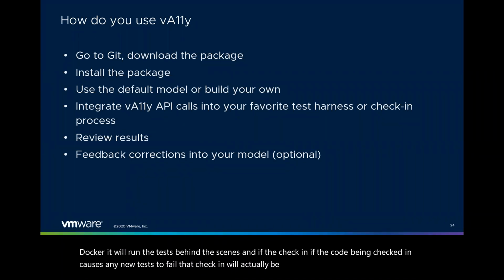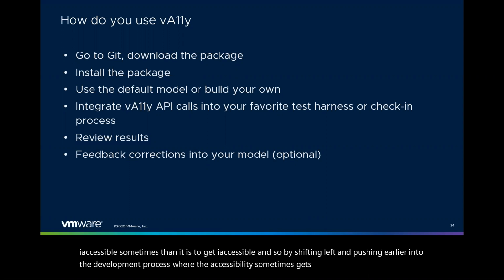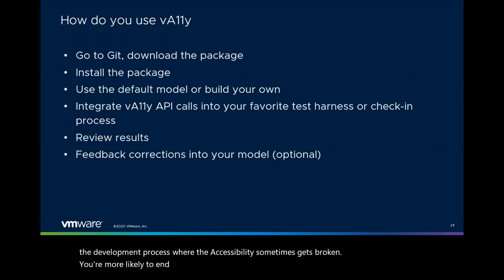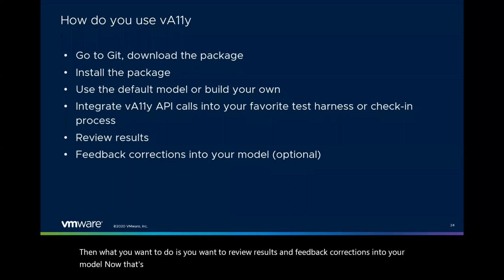So it's harder to stay accessible sometimes than it is to get accessible. And so by shifting left and pushing earlier into the development process, where the accessibility sometimes gets broken, you're more likely to end up with an accessible end release that will make your users happy. Then what you want to do is review results and feed back corrections into your model. Now that's optional. It depends how serious you are about this and how much time you want to invest.